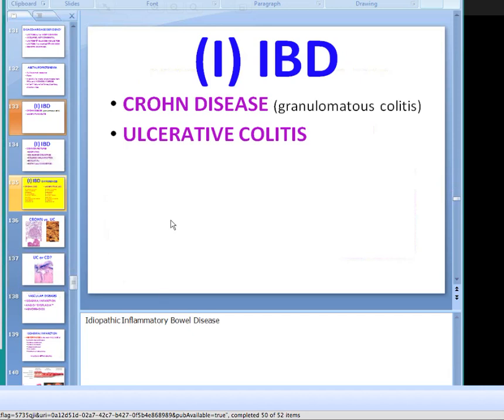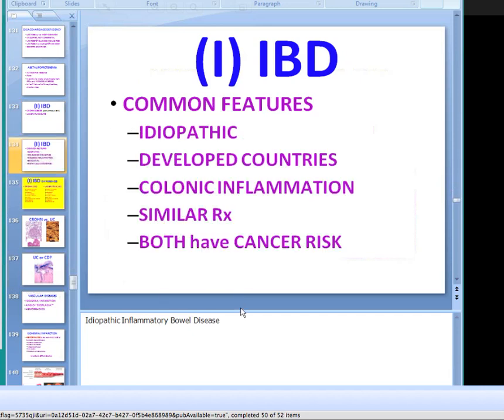And of course, IBD stands for idiopathic, because still nobody knows exactly what causes them. They have common features in that they're both idiopathic.